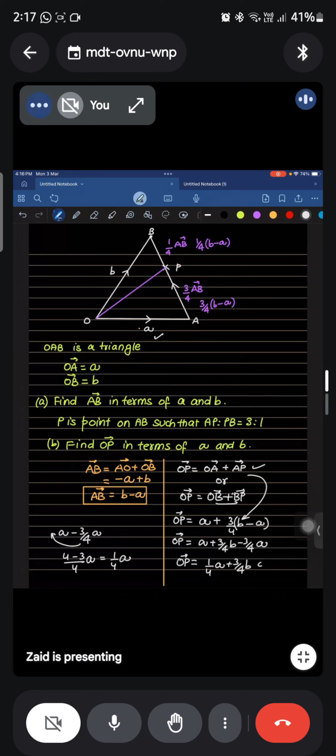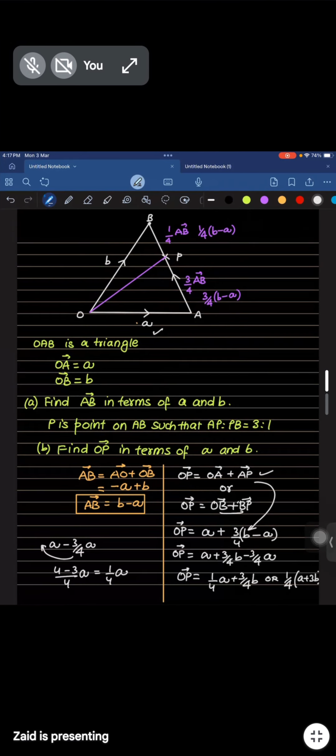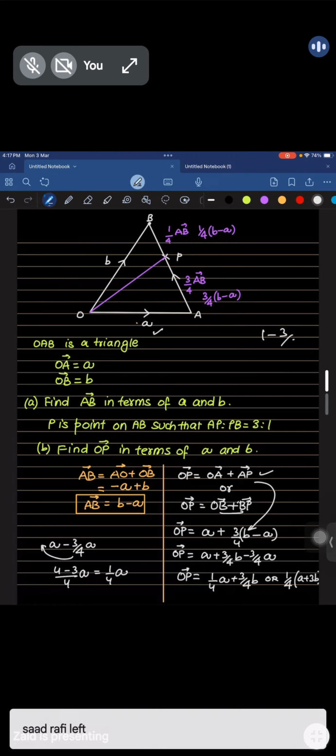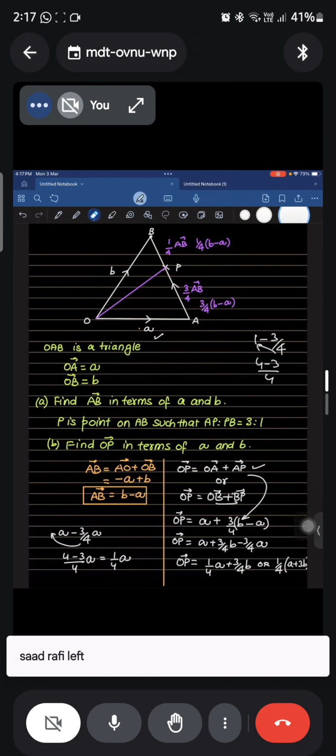Zainab, is that clear to you or not? I just added the A's together and put aside B. A minus 3 upon 4 A, so A is 1 minus 3 upon 4. It's simple: 4 ones are 4, minus 3, over 4.